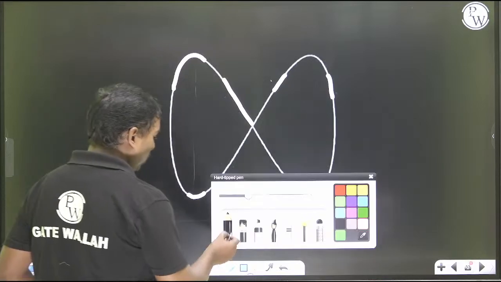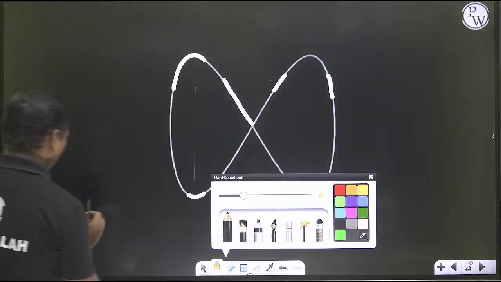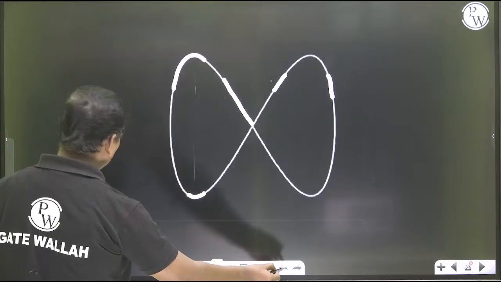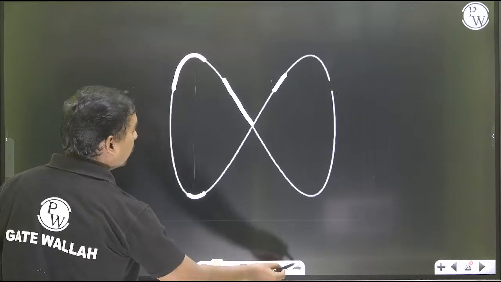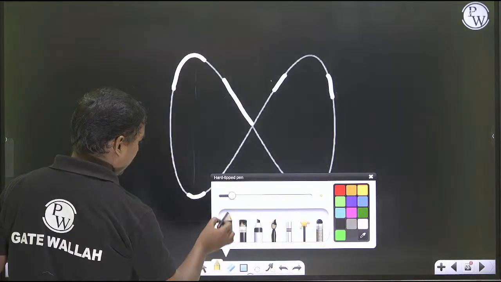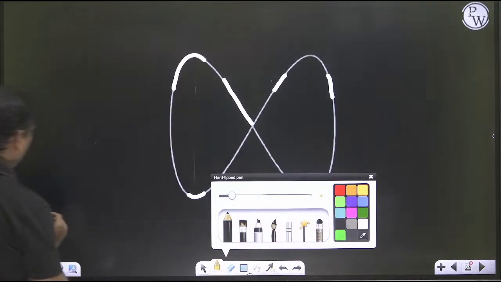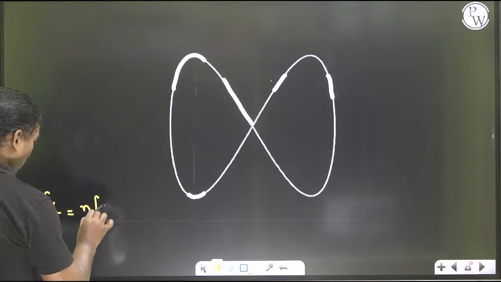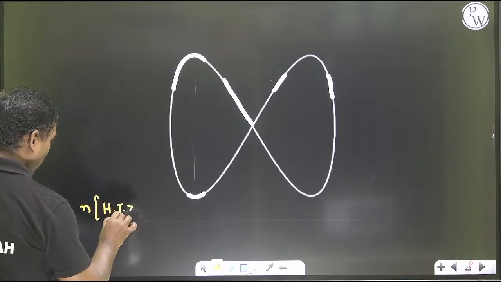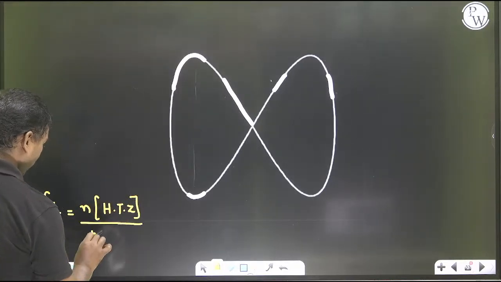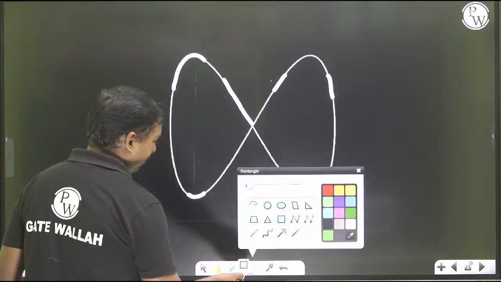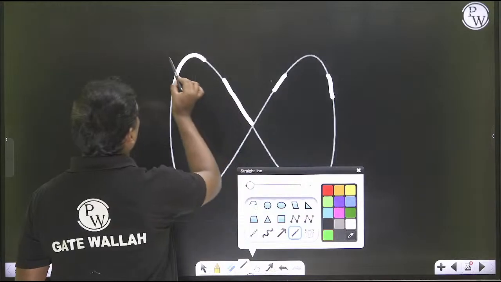If you want to know the answer, I can go like this: Fy by Fx is the number of horizontal tangencies by the number of vertical tangencies. We apply horizontal tangencies here.